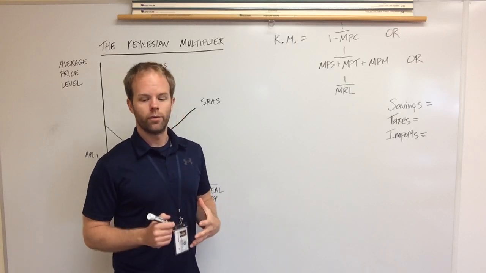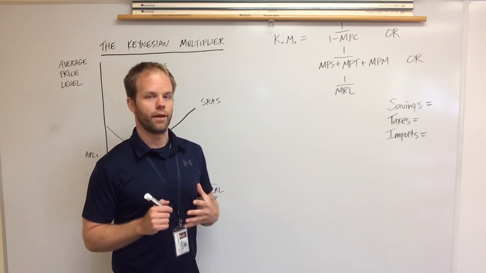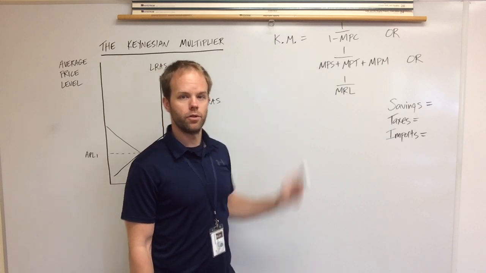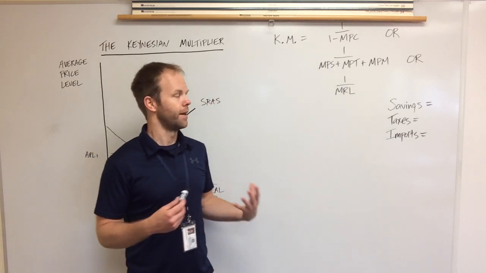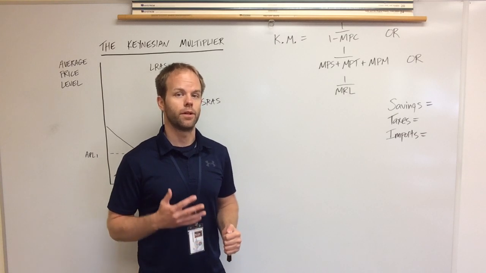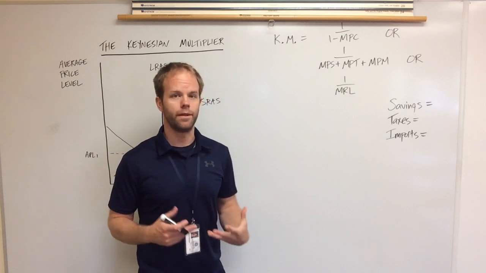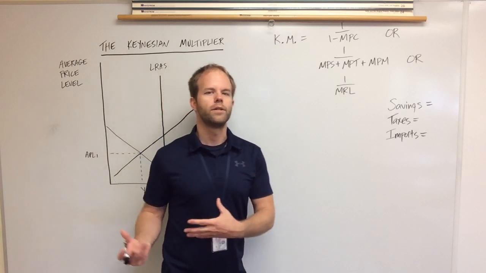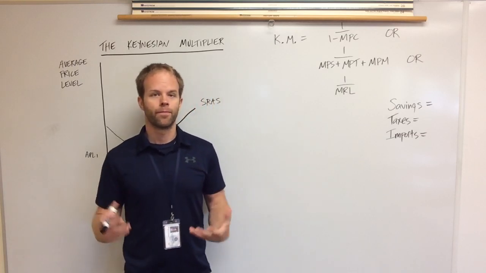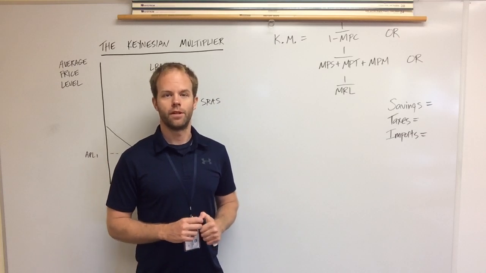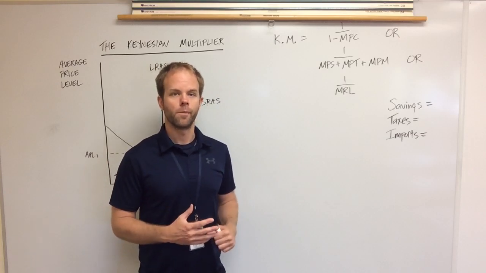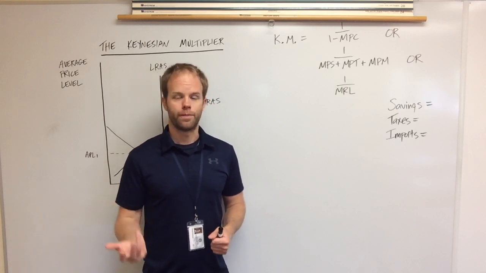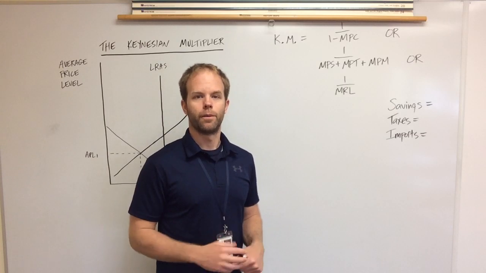One really important idea with the Keynesian multiplier is called the marginal propensity to consume. You'll see it abbreviated, of course, as MPC. The marginal propensity to consume is the rate of consumer spending. So if 75% of a country's GDP is made up by consumer spending, that would be the marginal propensity to consume.